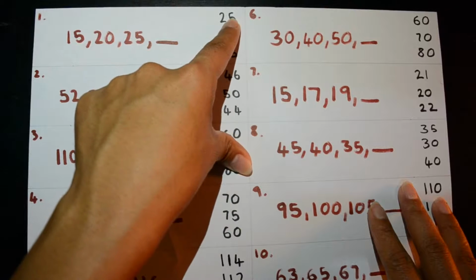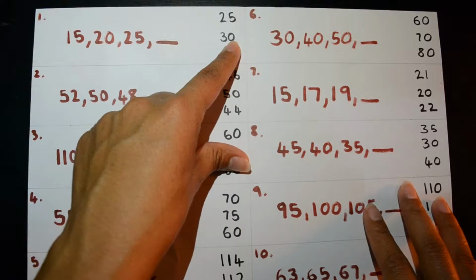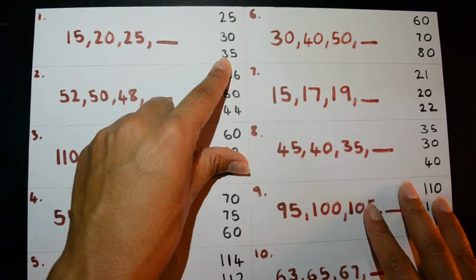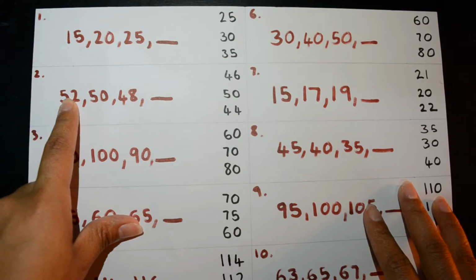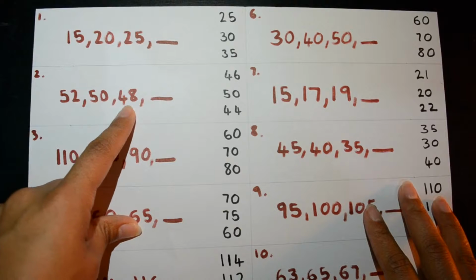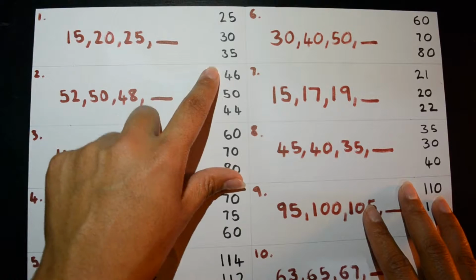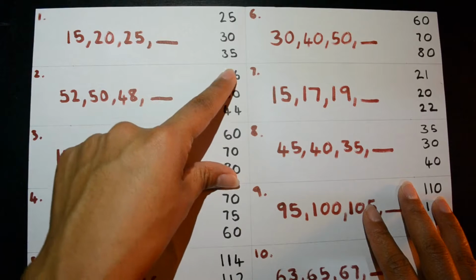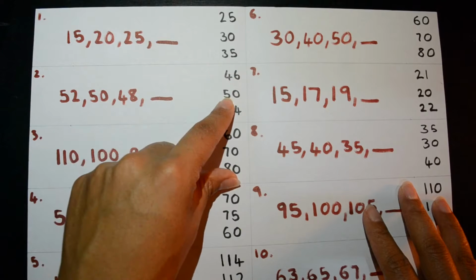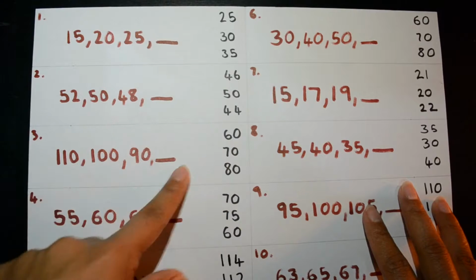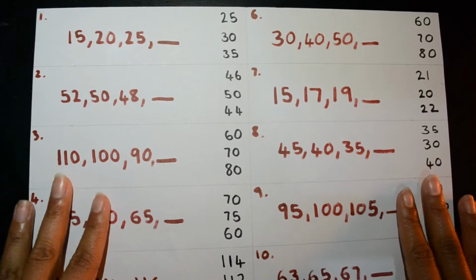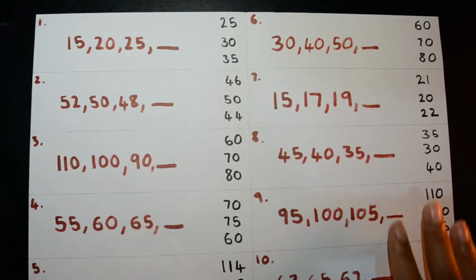Is it 25 next, or is it 30, or is it 35? The same with number 2. It goes 54, 52, 50, 48. You choose which number comes next. Is it 46? Is it 50? Or is it 44?